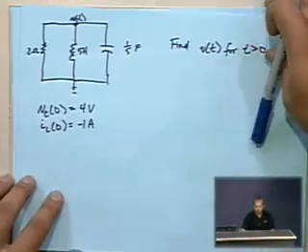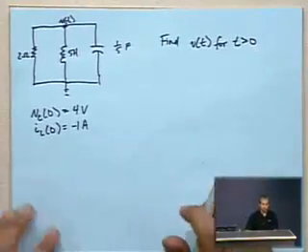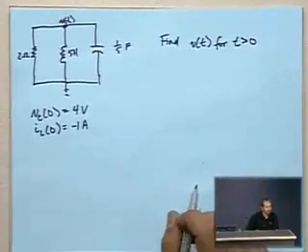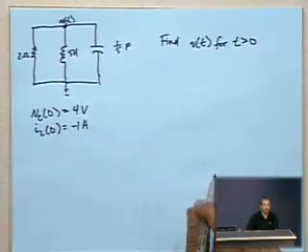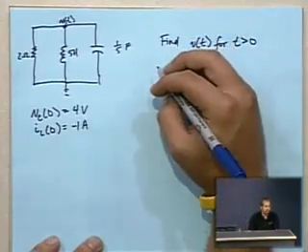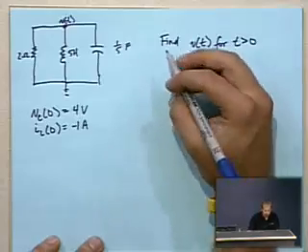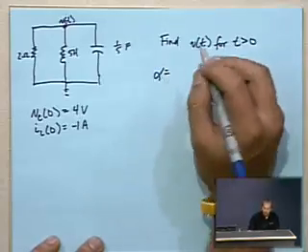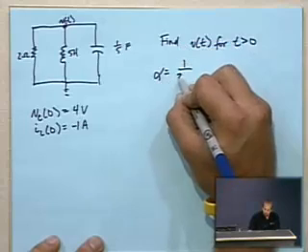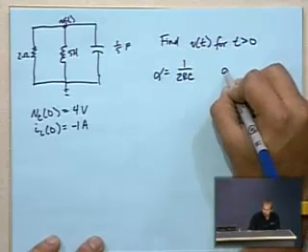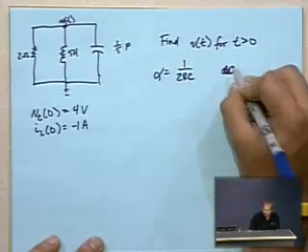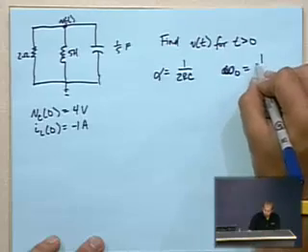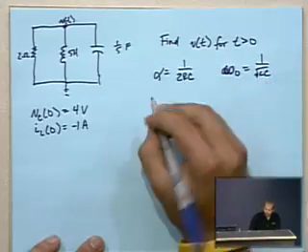And in general, the way that you're going to start all of these second order problems is to just go ahead and start solving for omega naught and alpha in order to figure out what the form of the solution is. They're the same as before. Alpha is 1/2RC. Omega naught equals 1 over the square root of LC.